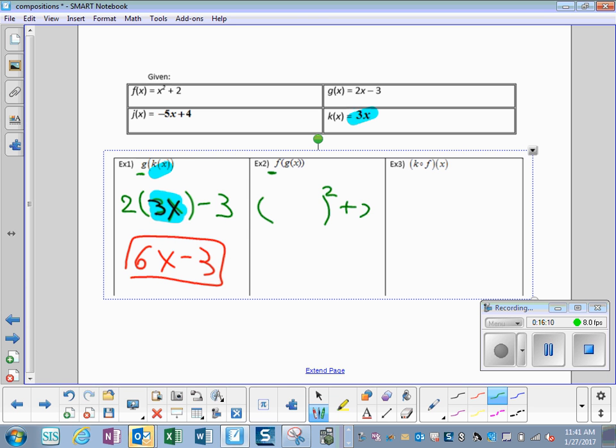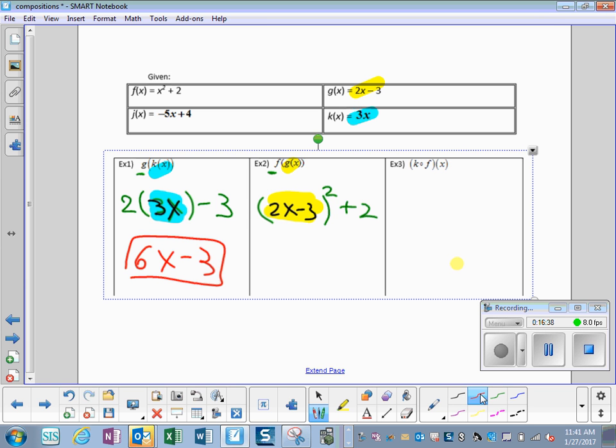Squared plus 2. That's my f of x. But instead of my original variable, what do I need to use? G of x. Because there is g of x instead of variable right here, I'm going to put g of x, the whole expression for it. So 2x minus 3 will go in.